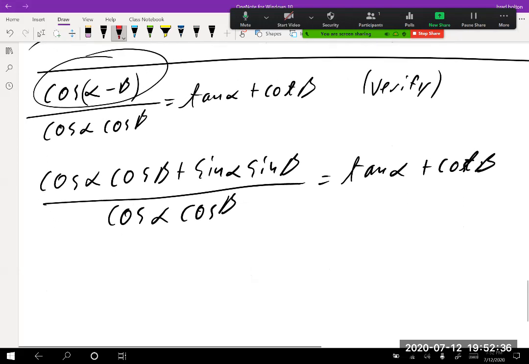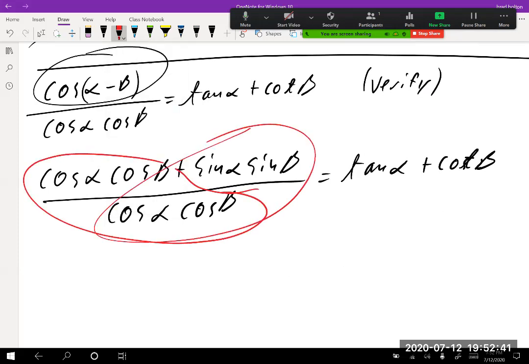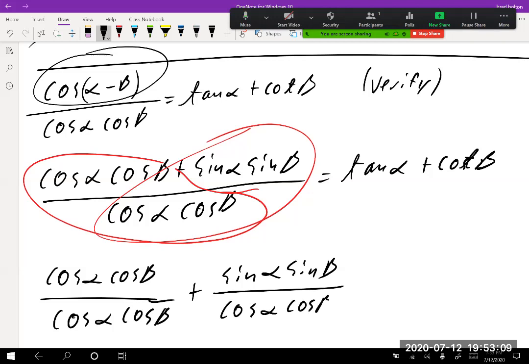But in fact it does, because all you have to do is split it. There's one fraction, there's another fraction. Let's rewrite that. This will become cosine alpha cosine beta divided by cosine alpha cosine beta, plus sine alpha sine beta over cosine alpha cosine beta.